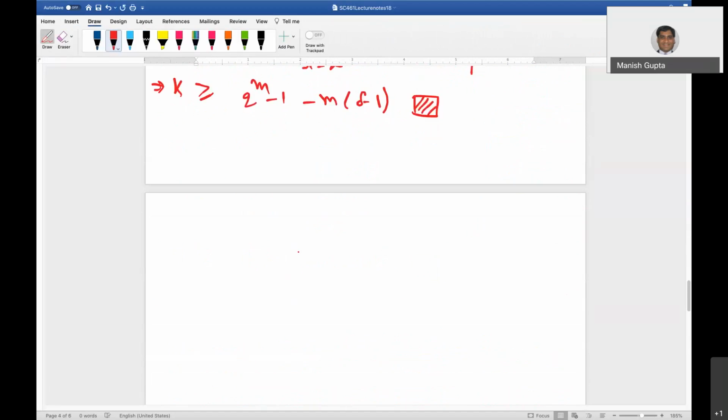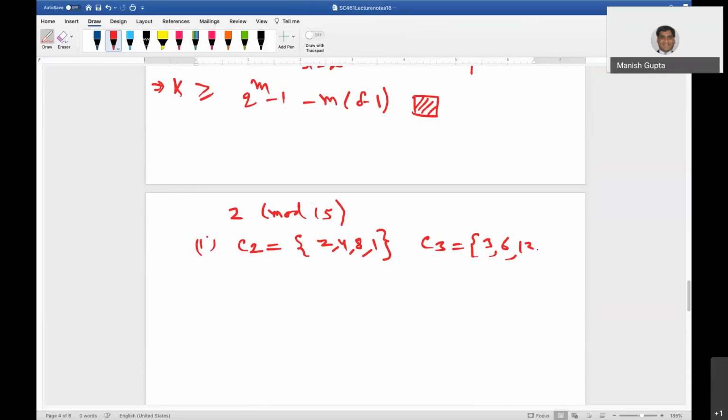Okay, so if we take 2 mod 15, our cyclotomic cosets will be C1 equal to 1, 2, 4, 8, and C3 will be 3, 6, 12, 9, right? So here length n is equal to 15. Suppose delta is 3.